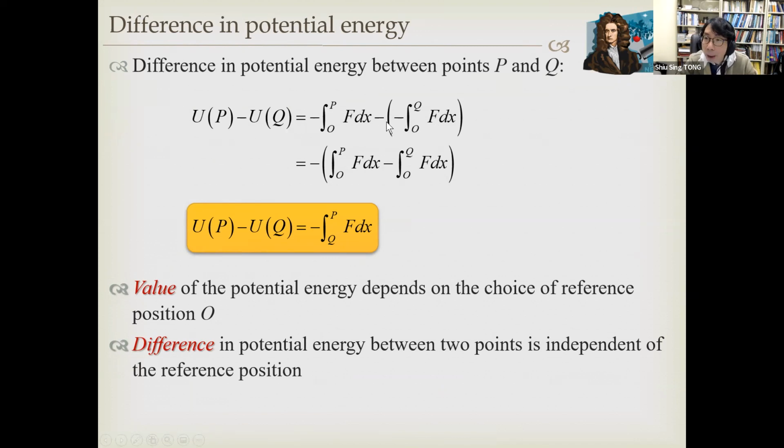Now here I take out a minus sign. So the first integral will be integrating from O to Q. The second integral will be integrated from O to P, and we are going to find the difference.